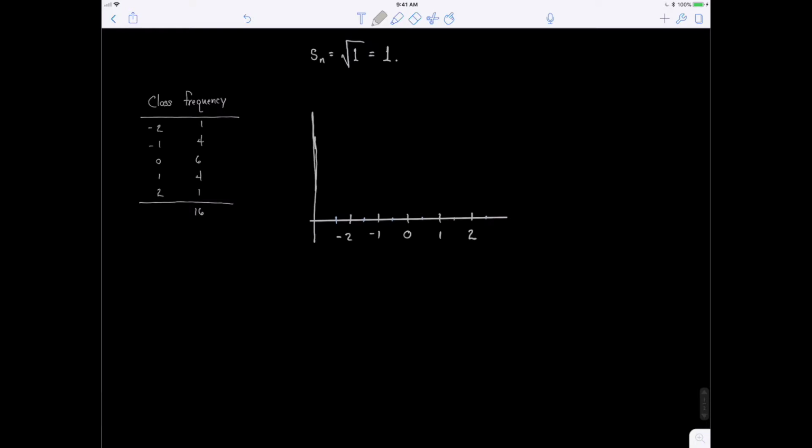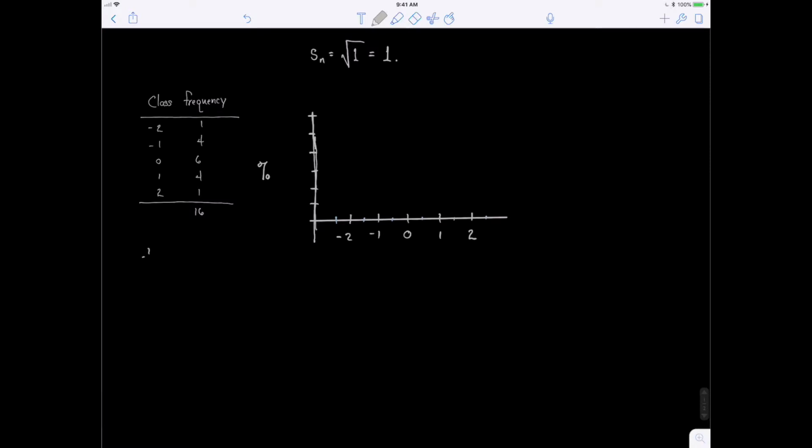Now, when we do this, though, we're going to do this in percentages. We could think of these as sixteenths. For example, we'll have 1/16, 2, 3, 4, 5, and 6/16. But let's go back for a moment.